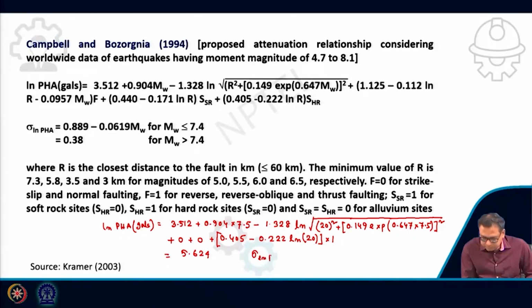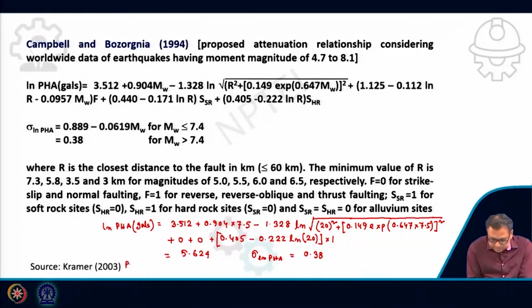Now what is the standard deviation here? The standard deviation of ln PHA for magnitude 7.5, which is greater than 7.4, is 0.38. Okay. Now I can convert this from here.